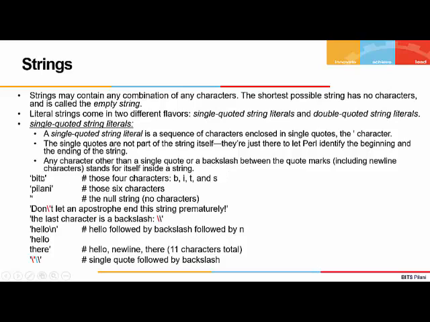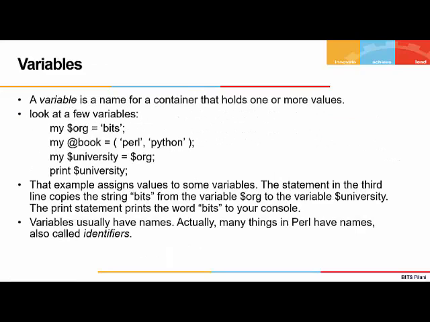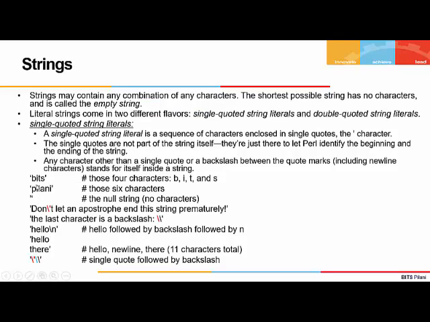Okay, so these are the examples you can see here. The bits in single quotation marks are four different characters assigned to the variable. In the same way, when we assign it to a particular variable, that variable will contain the four characters of bits.